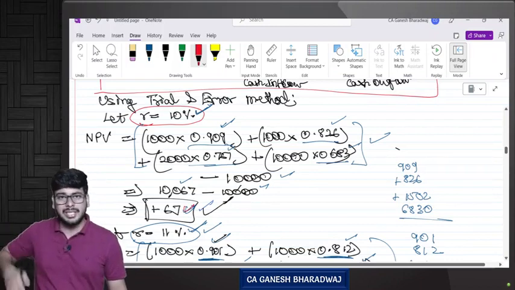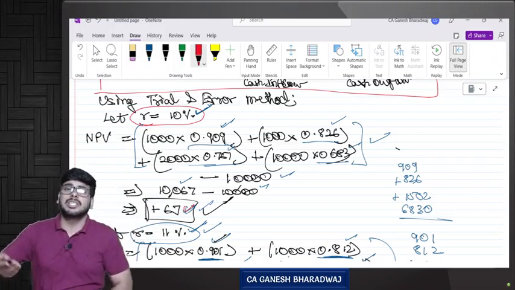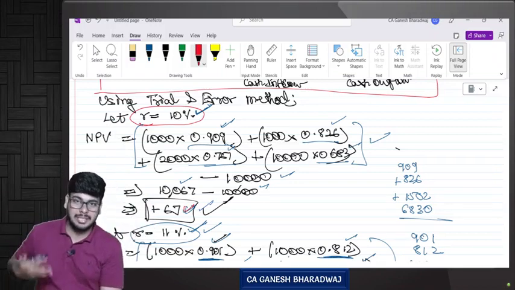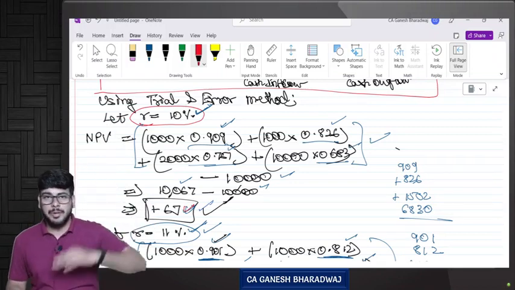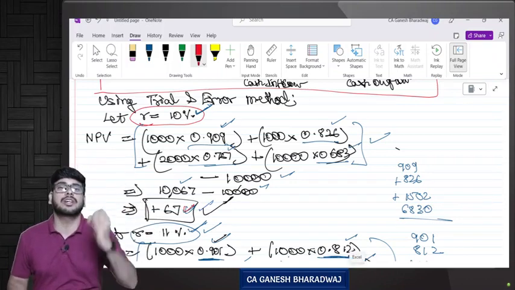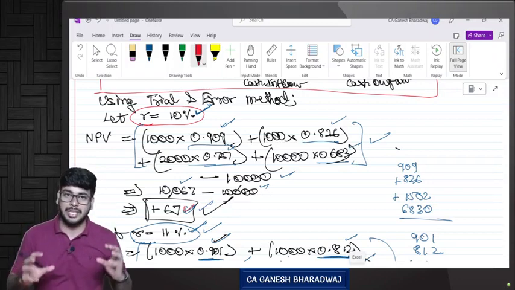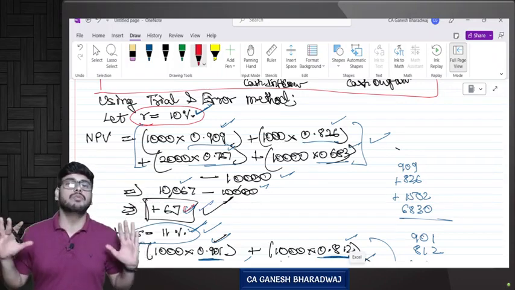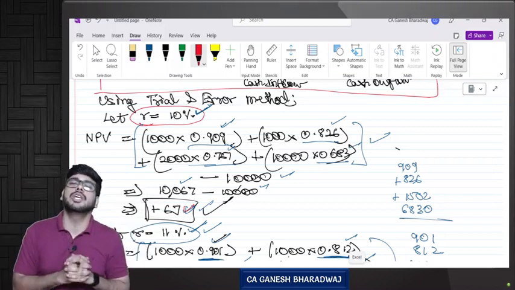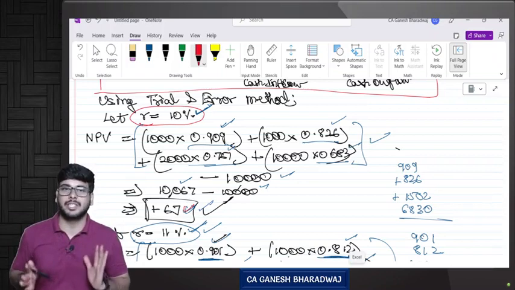If you decrease your discount rate, obviously your present value will increase. Suppose you take 5% as the first trial, your NPV will be positive, correct? So the first trial you take 5%, the second trial you take, let us say, 10%. Both alternatives will only give you positive NPV. So using this, please don't calculate IRR. That's what we are saying here.